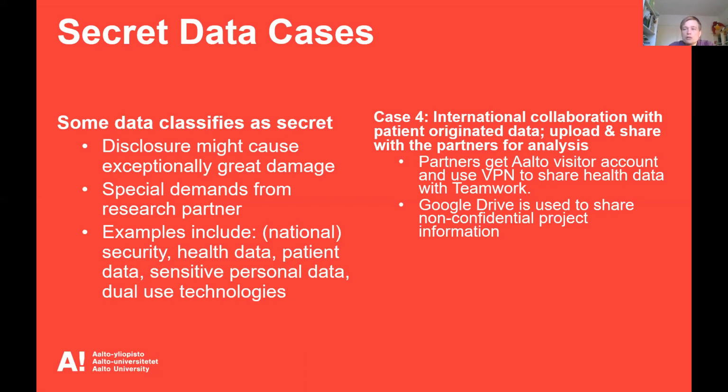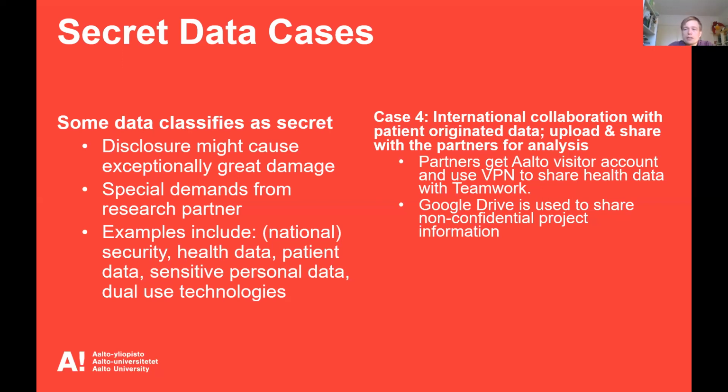And now they need to upload this data and share it with this partner network for analysis. For this case, the partners will be arranged an Aalto visitor account, and they will have VPN access. Then you can use Aalto Teamwork, which has large capacity, to share all this health data. So that's how the partners and Aalto University researchers can get to the same safe storage.